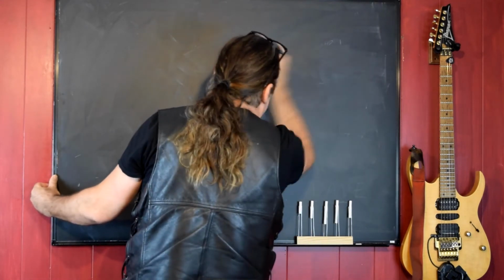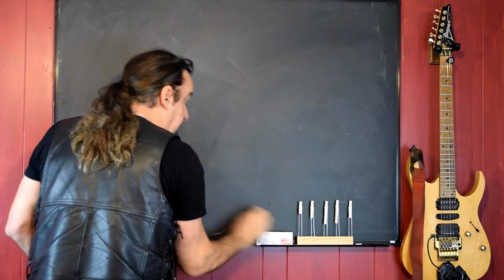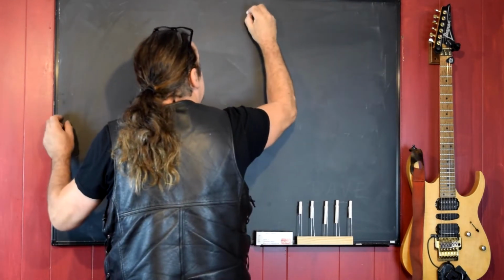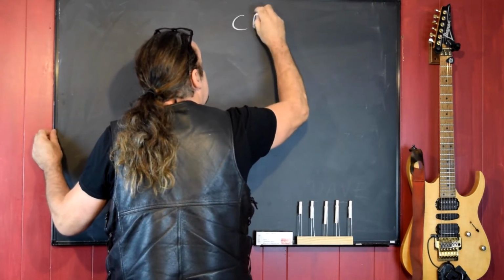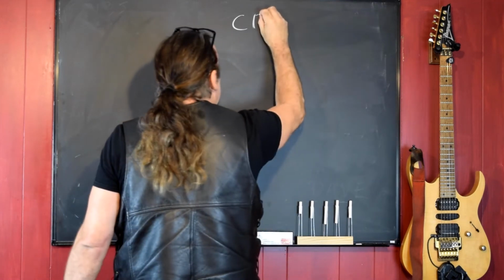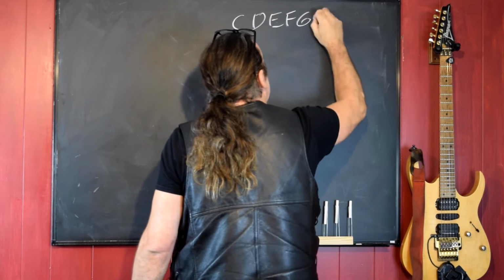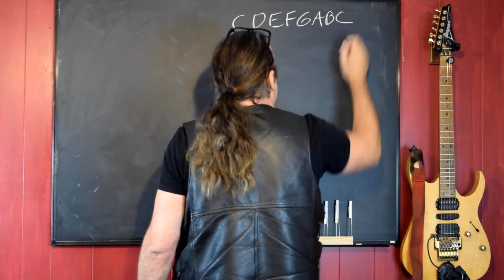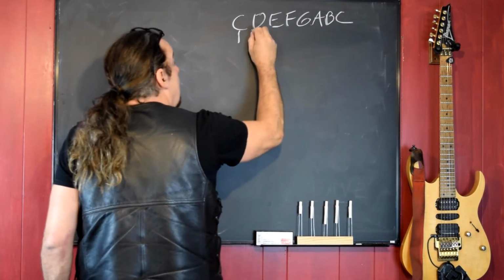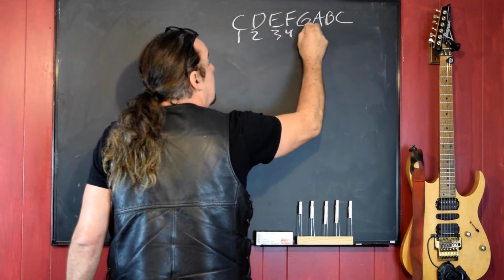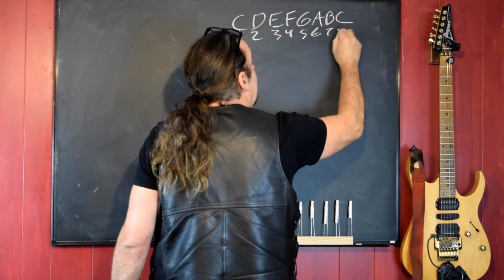And what I'm going to do is just take the C major scale and say C, D, E, F, G, A, B, C. That would be 1, 2, 3, 4, 5, 6, 7, 8.